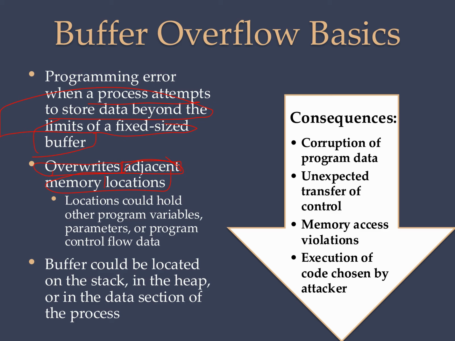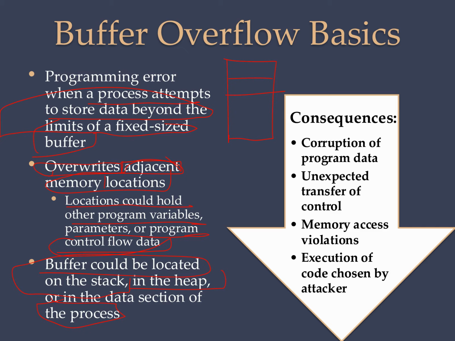Those locations could hold other program variables, parameters, or program control flow data. So a buffer could be located on the stack, in the heap, or in the data section of the process. So a running process could have buffers in three different areas of the memory.